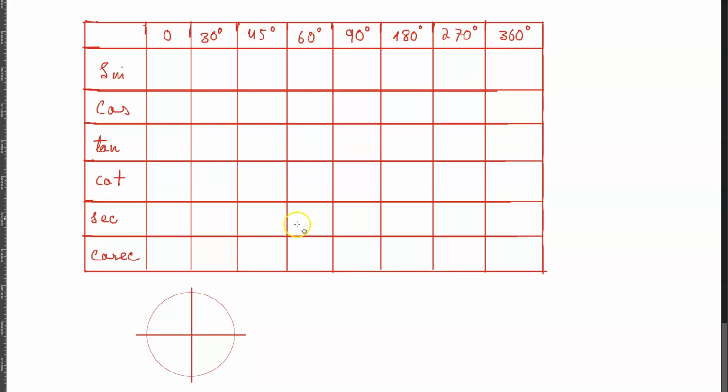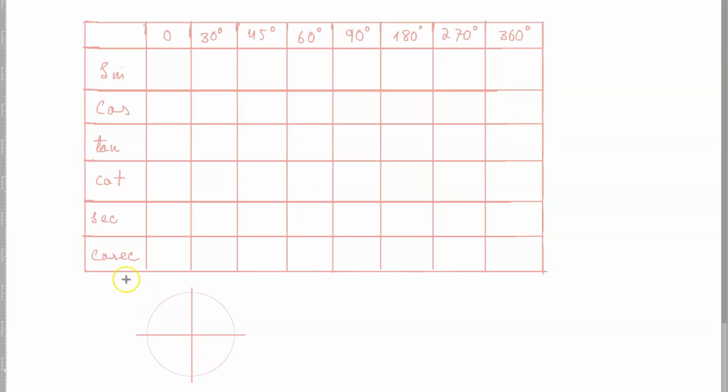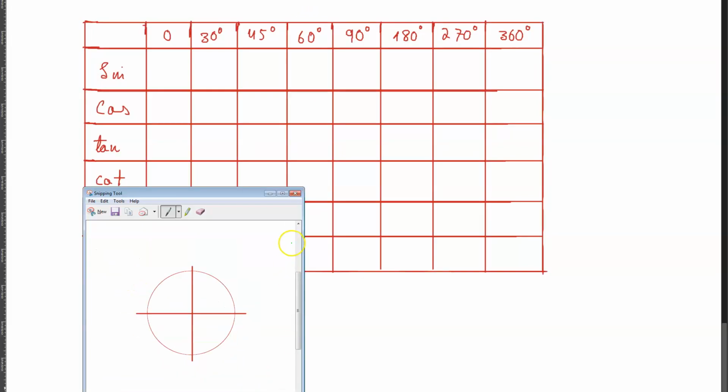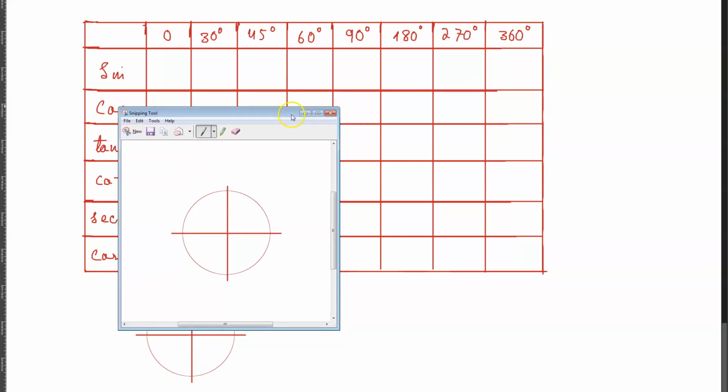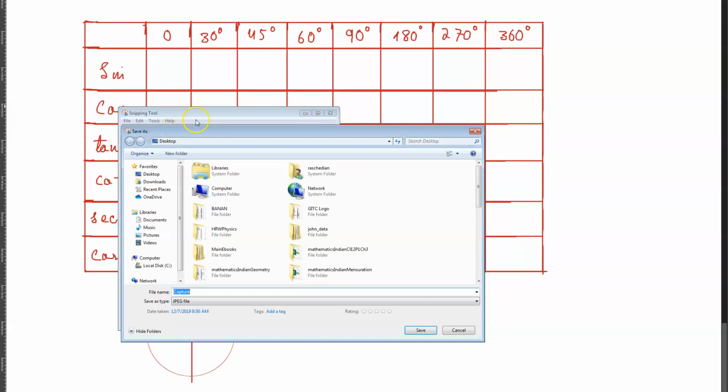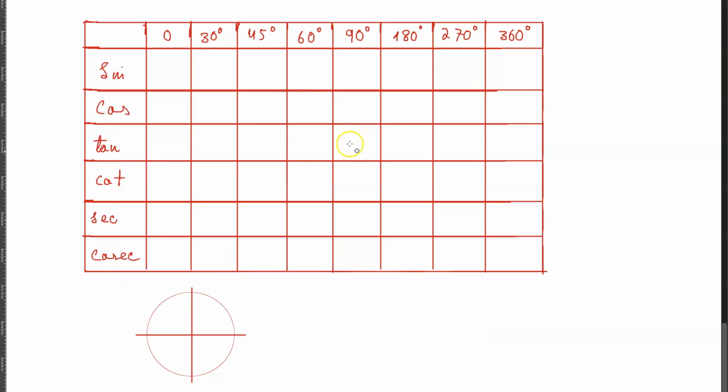So suppose that you have this unit circle here, and let me make a screenshot of this unit circle. And let's call it unit circle. Now suppose that you have this unit circle and you want to find the sine of, for example, 0 degrees.